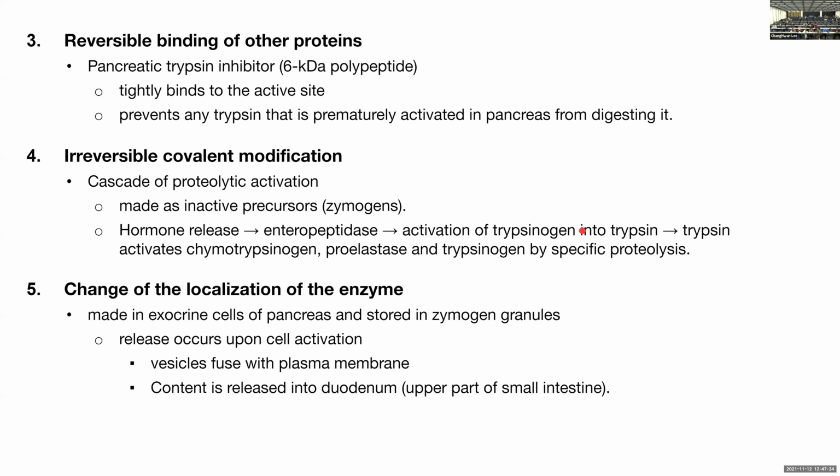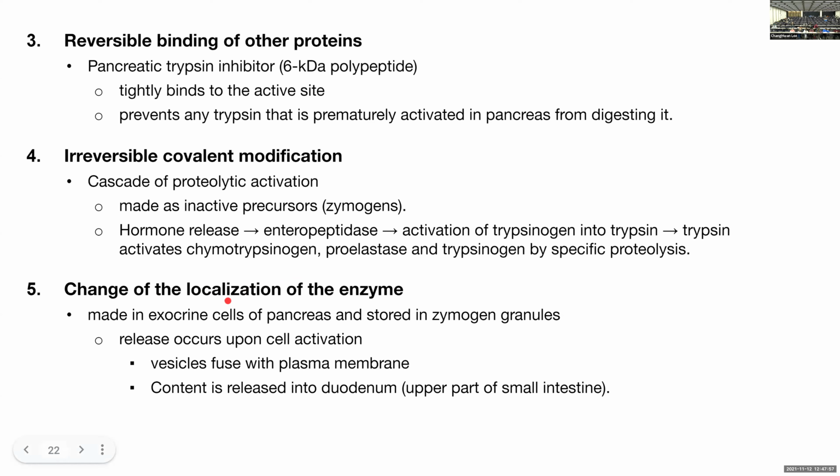It cuts off the unnecessary parts, revealing the active site of trypsin. And this trypsin can further activate the zymogens for chymotrypsin and elastase, eventually leading to the activation of these two for further digestion.